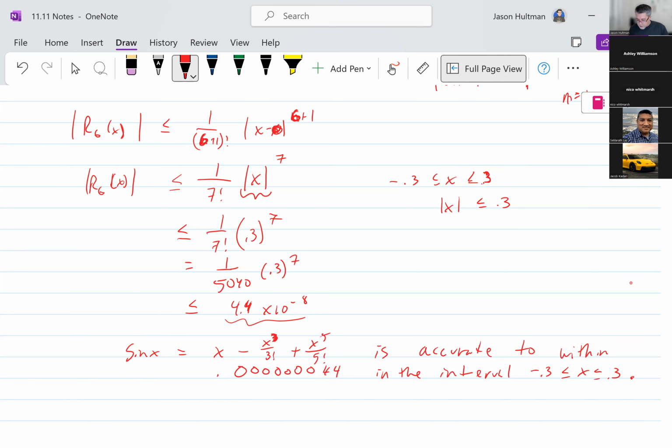So how accurate is it? It's pretty accurate, to 7 decimal places, right?